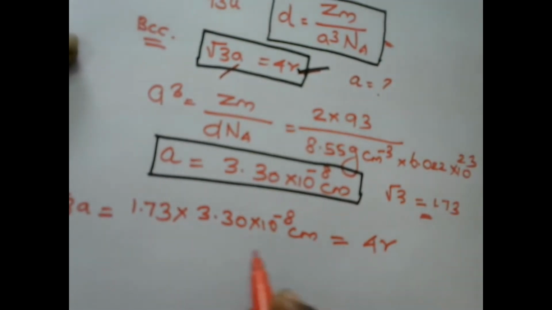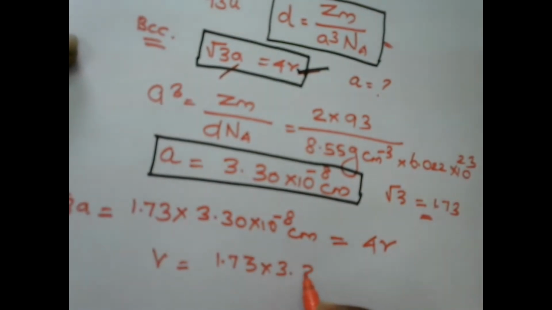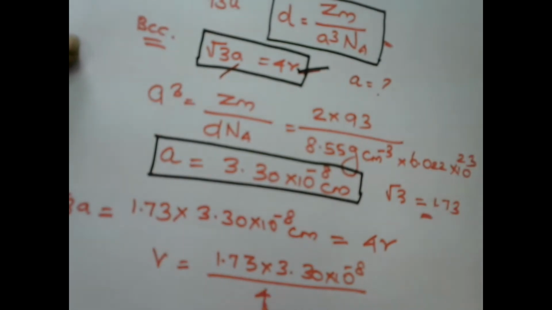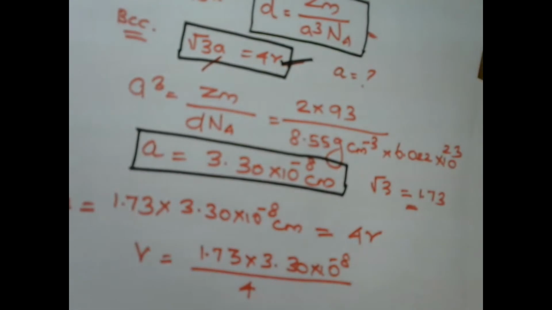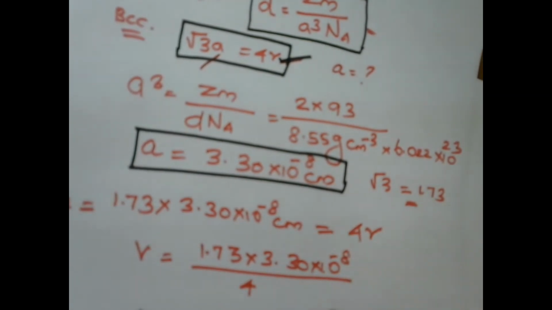So we can bring R to one side. R is equal to 1.73 into 3.30 into 10 to the power of minus 8, divided by 4. Then R is equal to, finally, 1.432 into 10 to the power of minus 8 centimeter.